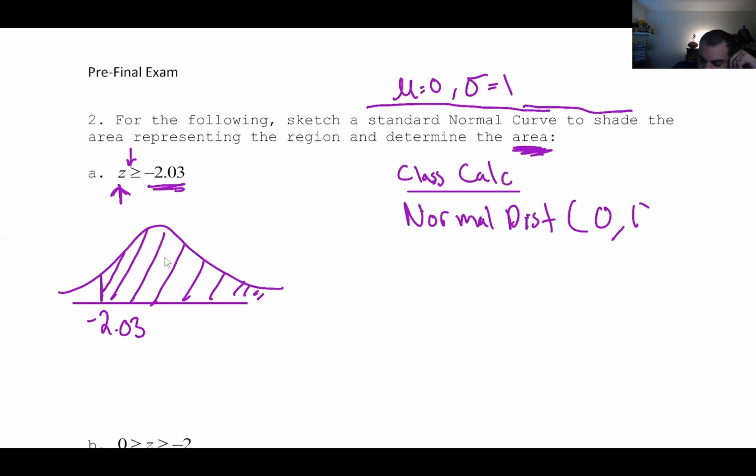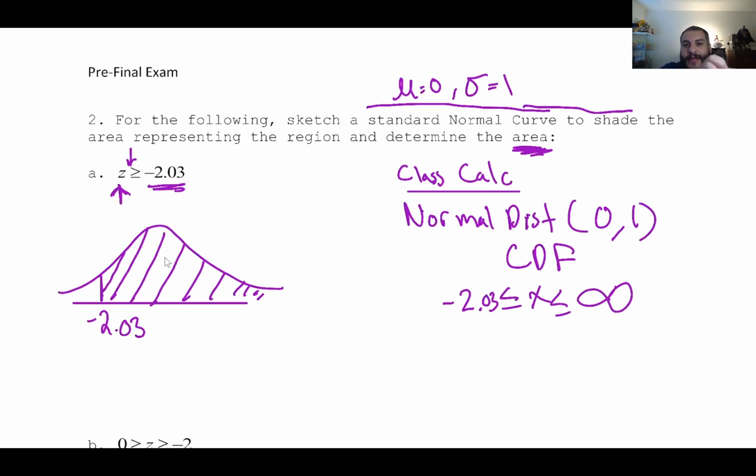You put 0 and 1. Then, since you want to find the probability, you put CDF. And then the lower bound is negative 2.03, and the upper bound will be infinity. So that's what you want to put once you get to ClassCalc. So let's go to ClassCalc and enter that.